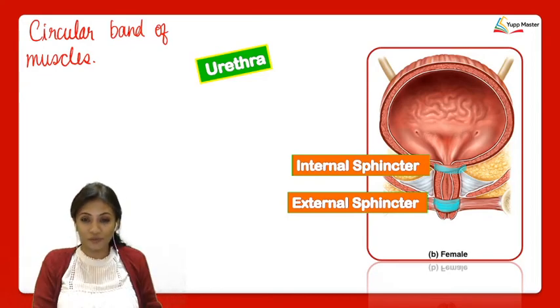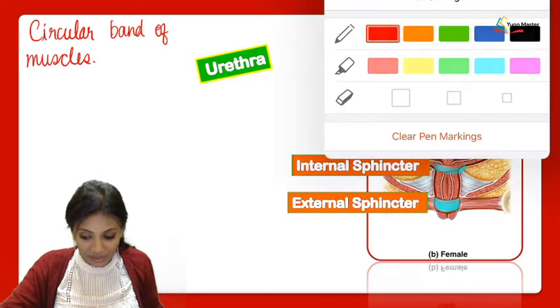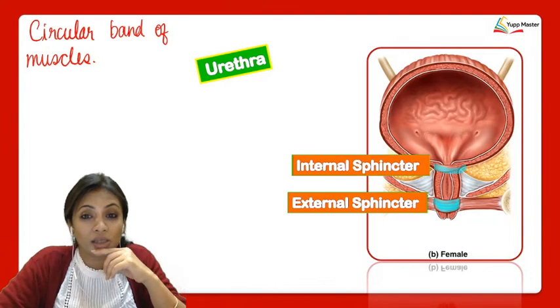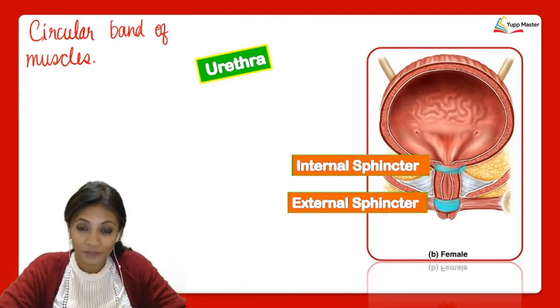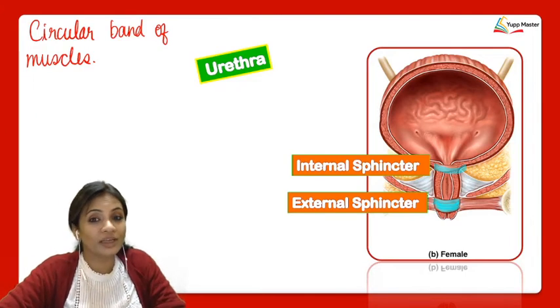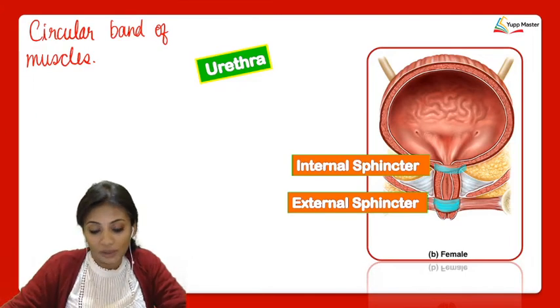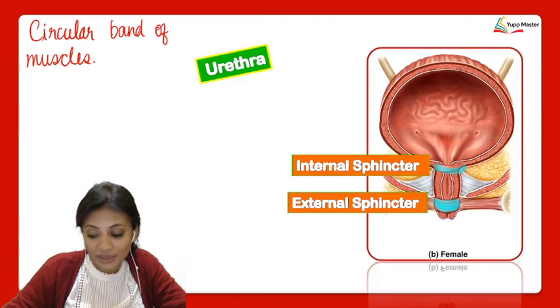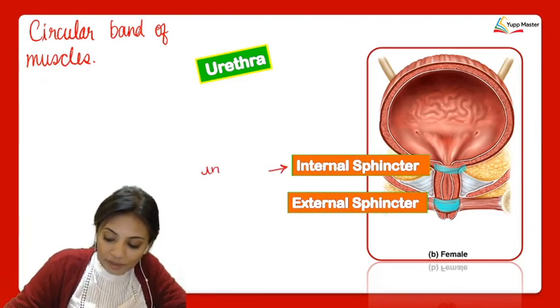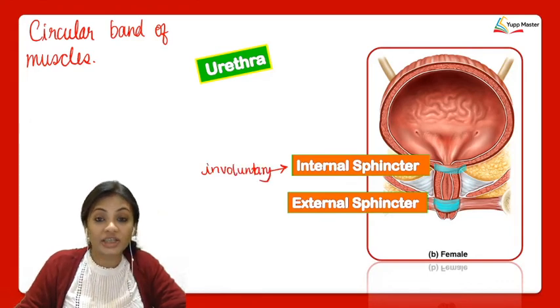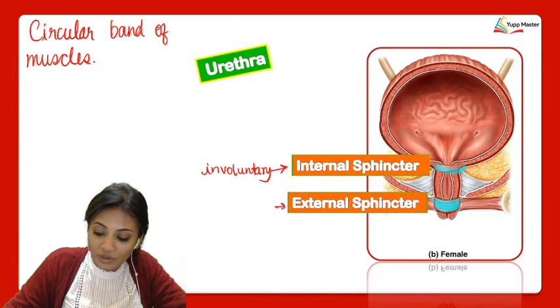What do you think the internal sphincter will be, voluntary or involuntary? Yes, one is voluntary, one is involuntary. This internal one is going to be involuntary, and the external sphincter is going to be voluntary.